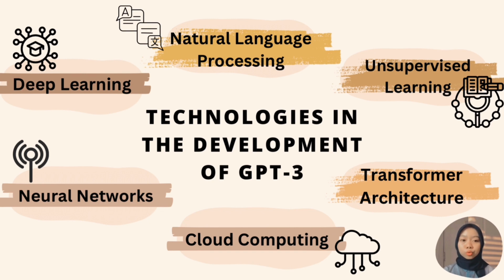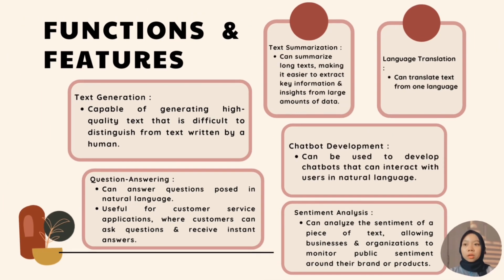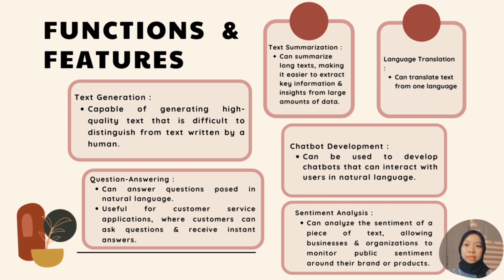We move on to functions and features. GPT-3 is a language model that can perform a variety of natural language processing tasks. Here are some of its main functions and features. The first one is text generation. It is capable of generating high-quality text that is difficult to distinguish from text written by a human.